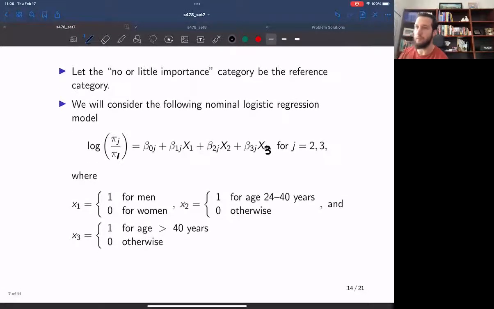So pi 1 represents the reference level, and we've designated the reference level as no/little. So we could say, for example, here, pi 1 is no/little. Pi 2 is equal to important.